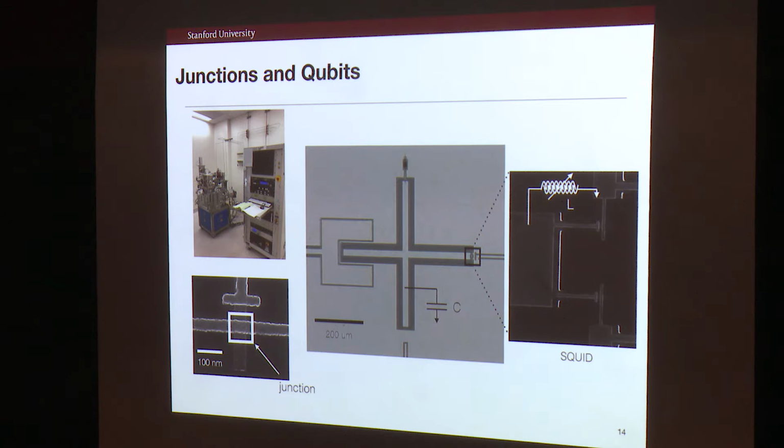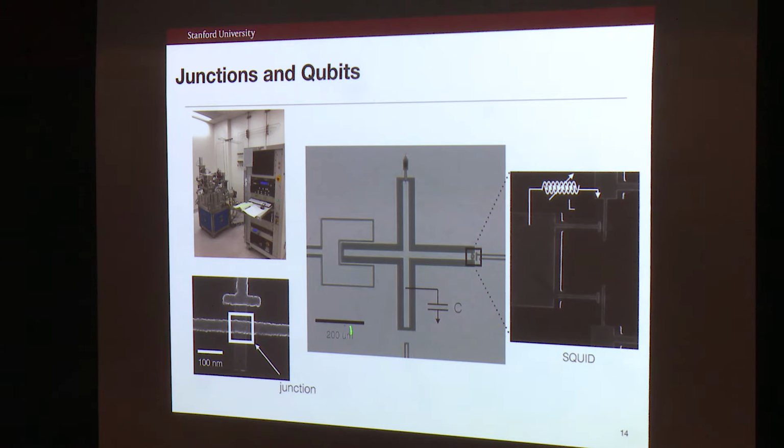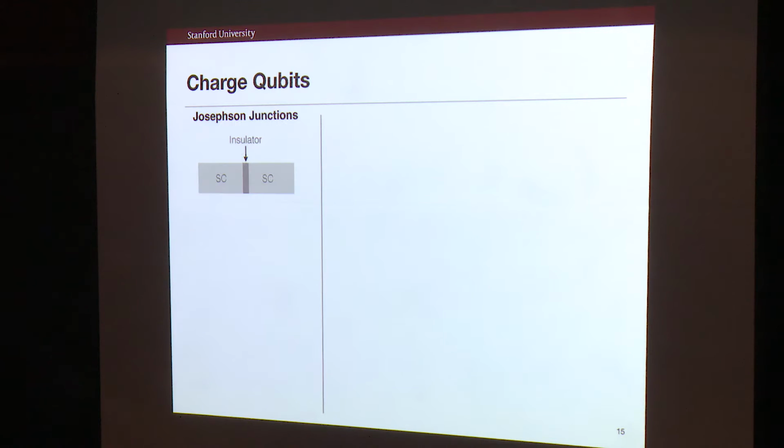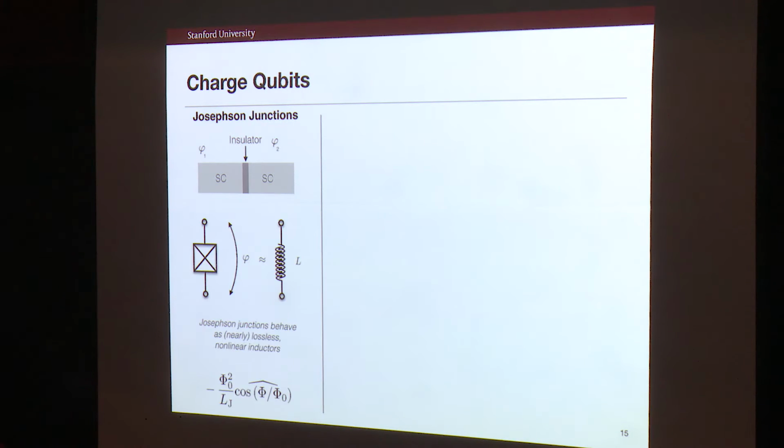So that charge degree of freedom, basically through the energy of a capacitor, it's Q squared over C, so that's quadratic. The phase degree of freedom, to figure out what the energy of the phase looks like, you have to learn a little bit about the physics of Josephson junctions.